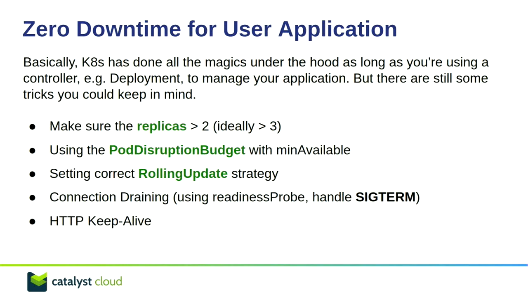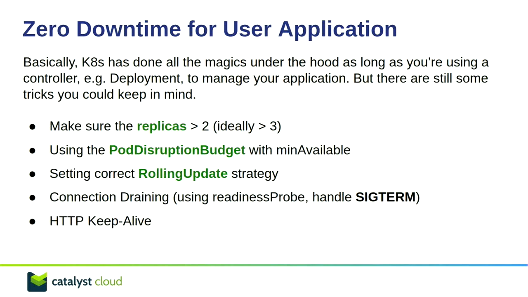The first one is to make sure that when you use a controller like a deployment, you have replicas of more than 2, probably 3 or more, depending on your requirements. The second one is using the pod disruption budget with the min available.